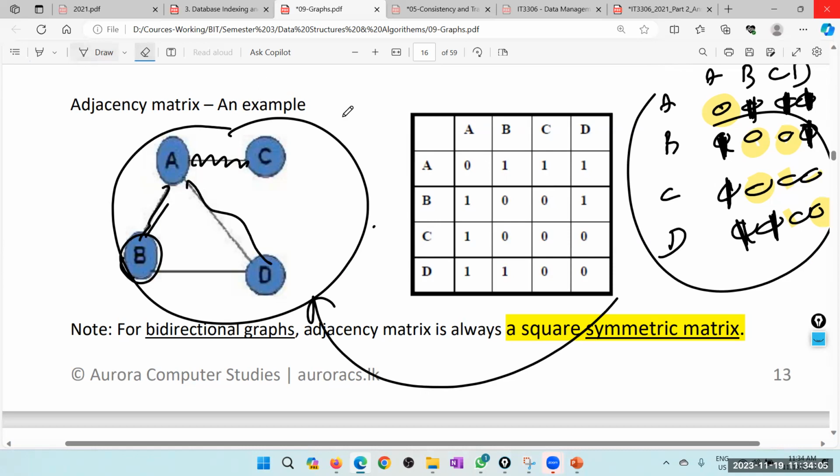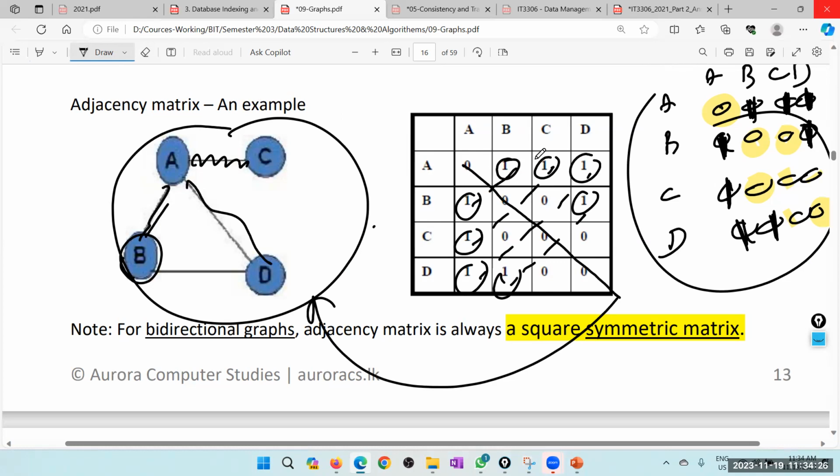If you draw this diagonal, it is symmetric. This is there, this is there, and so on. You can see it is symmetric along this diagonal. That is the case if it is an undirected or bidirectional graph.